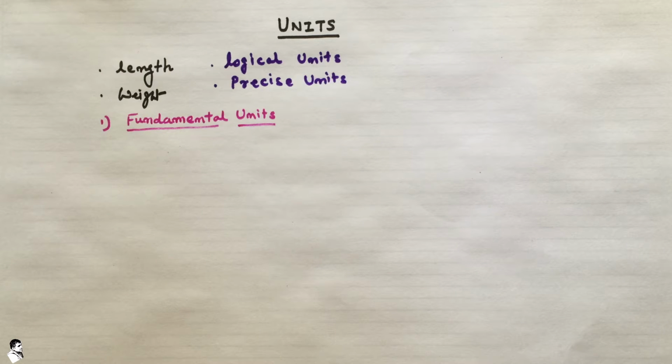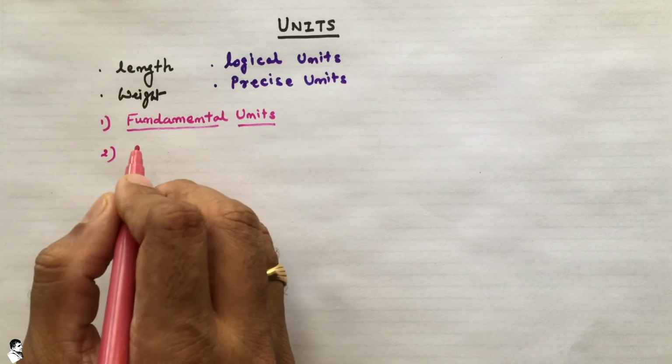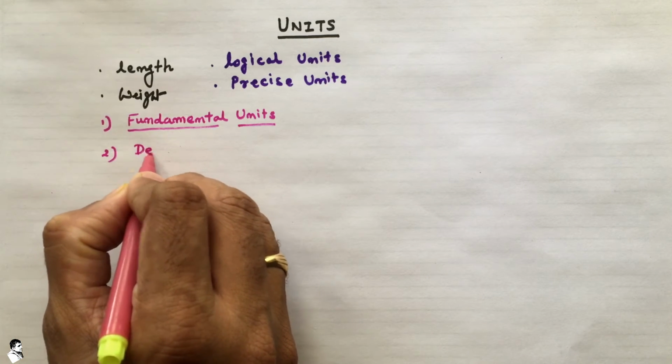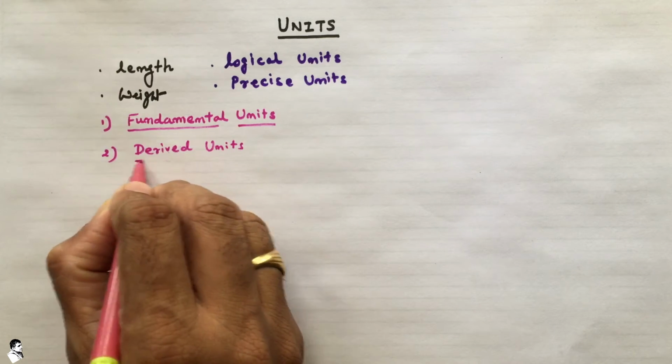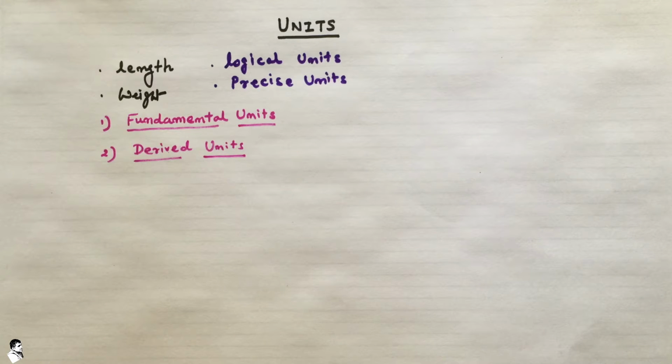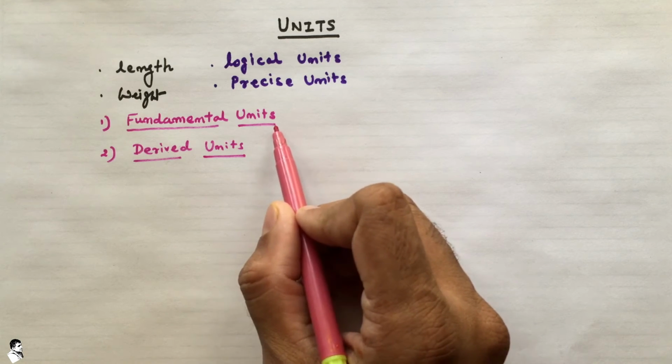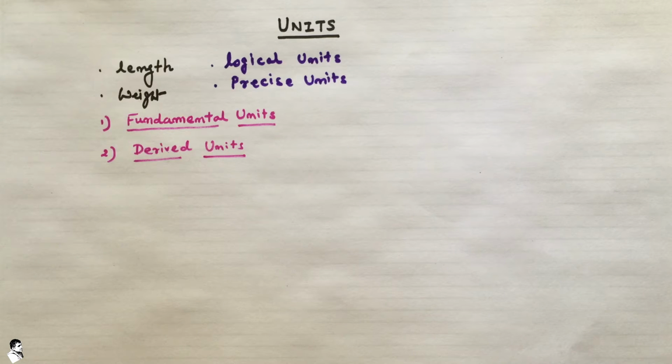And the second type of unit is the derived unit. Derived units are generally defined as the units that are derived from the fundamental units, and are dependent on the other units. In other words, these units are dependent by mechanical equations in terms of other previously defined fundamental units.